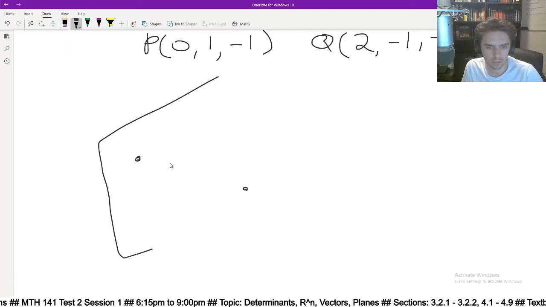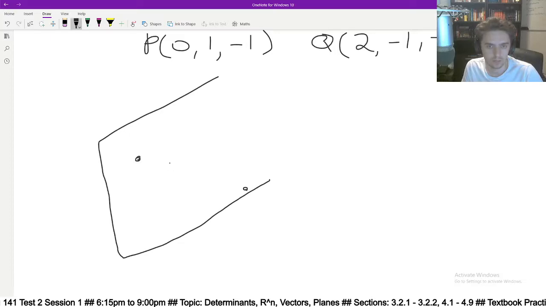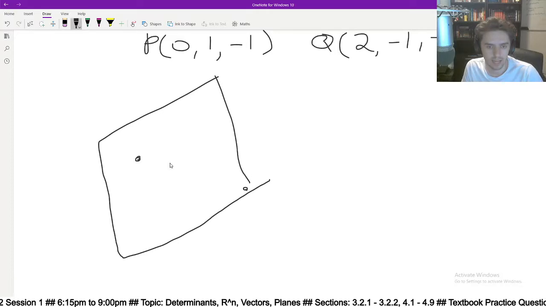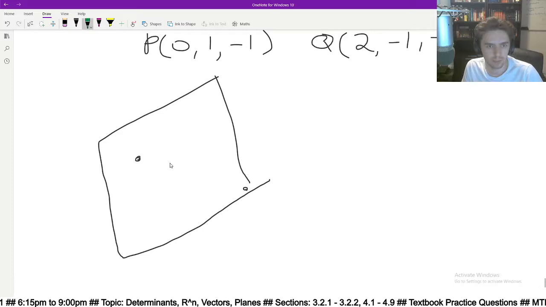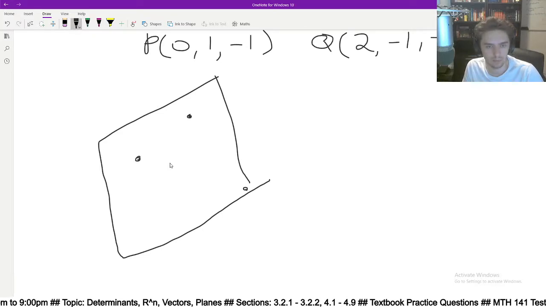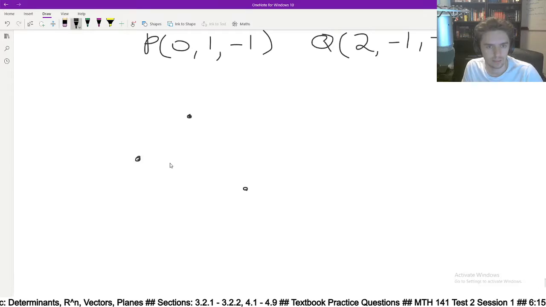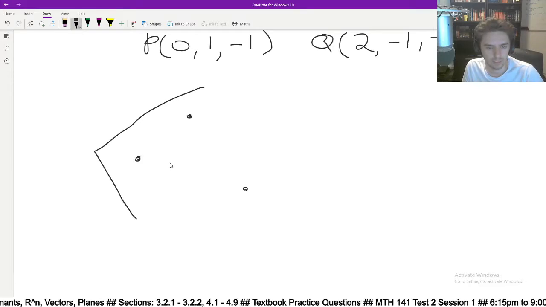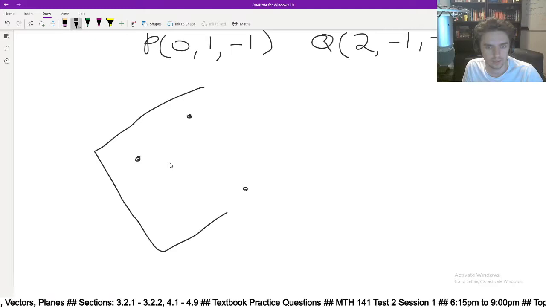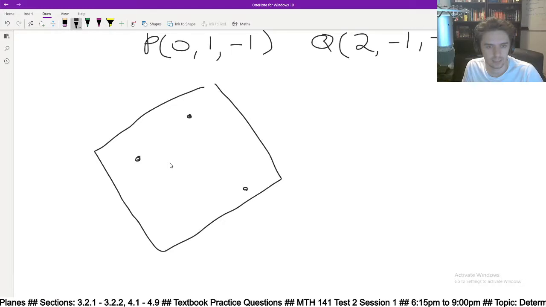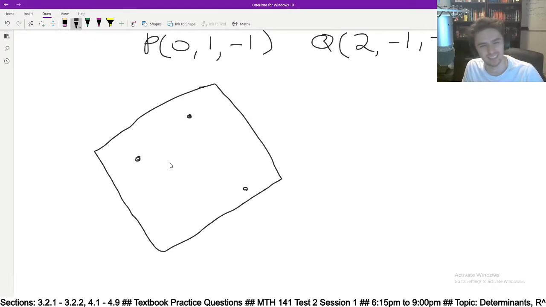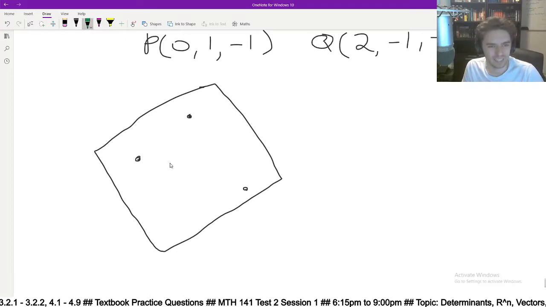I don't know how to draw this. Floating like that. And you can draw a line from, let's say we just choose this point. Let's say it's on the plane. Hold on, I'll draw this better. Like this. Not a very good drawing, but imagine this point right here is on the plane.